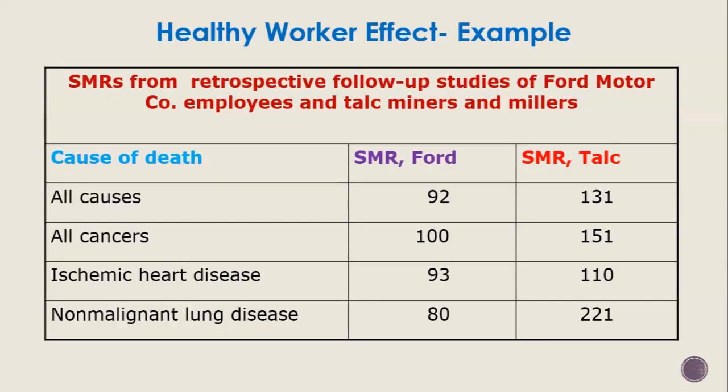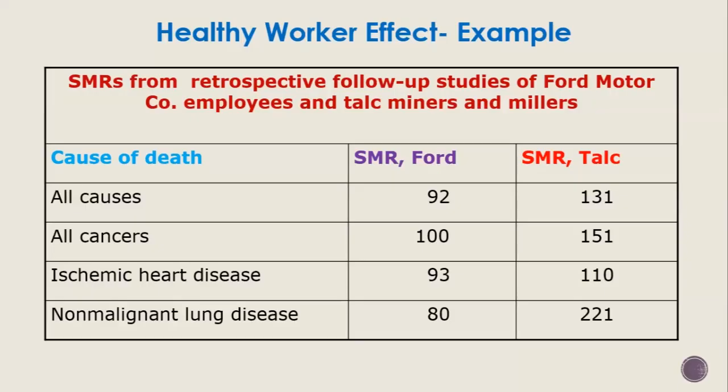So at a glance, you should be able to detect that the healthy worker effect at talc is significantly greater than the healthy worker effect at Ford. If you look at all causes at Ford, it was 8% less in workers.